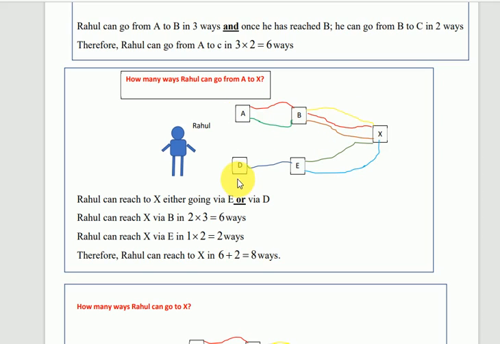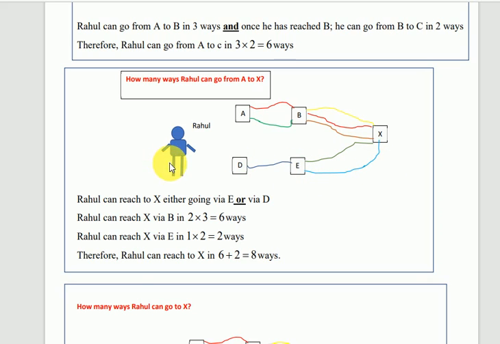And if Rahul follows this path, D E X, then D to E he can go 1 way, and E to X he can go 2 ways. That means D to X Rahul can go in 1 into 2 equal to 2 ways.